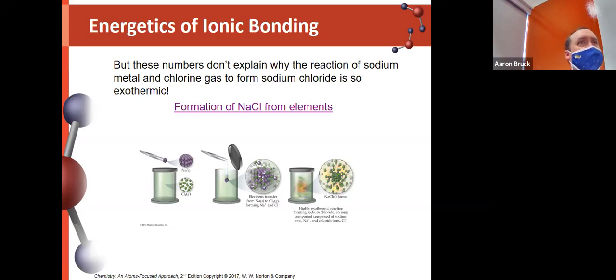There's so much extra energy that we see a fireball inside of the reaction chamber. We see all of this heat being generated. We see the sodium chloride being formed in this almost smoke-like state that eventually condenses down into powdery solid.